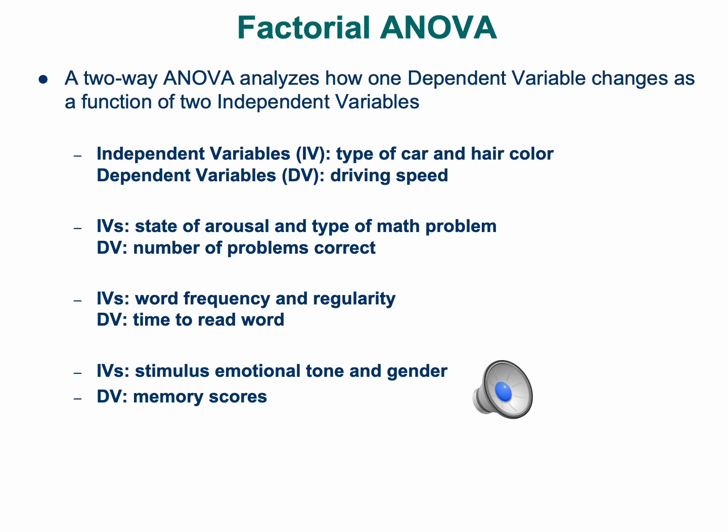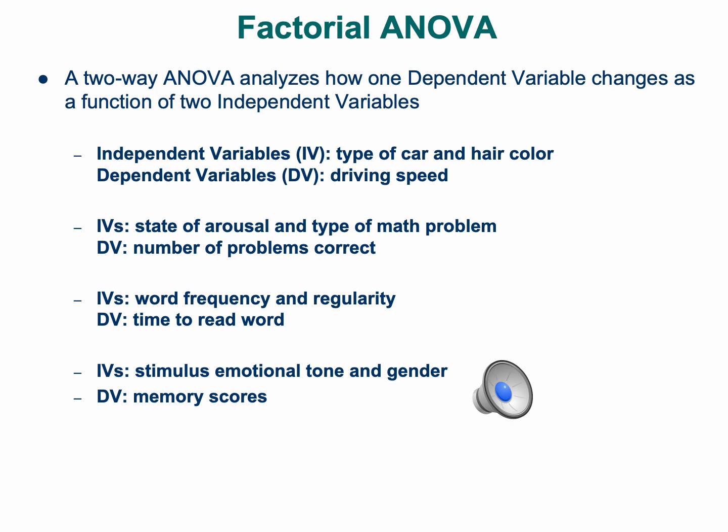That would have an emotional tone to it versus a scene of, say, a countryside or something that doesn't have anything associated with emotions. And gender, obviously, is male or female. And the dependent measure might be your memory for those stimuli. So the investigator is interested in knowing if women remember more emotionally toned stimuli better than men do. And so the independent variables are combined, and we'll get to more detail of how that's done.